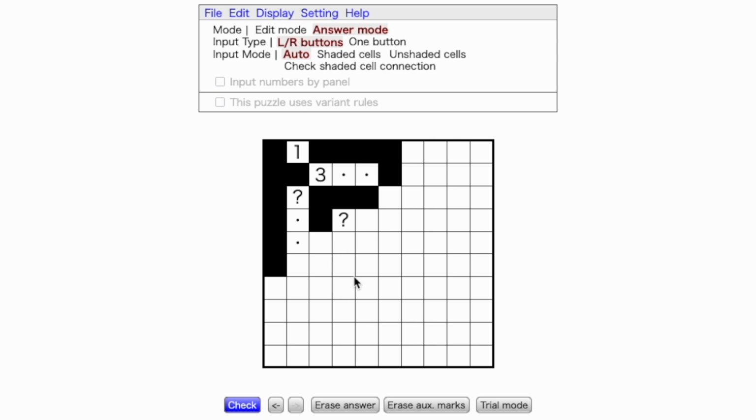So I can do that by putting a couple more placeholder numbers in this column here. If I did one here and tell this number that it is at least 6, let's say.